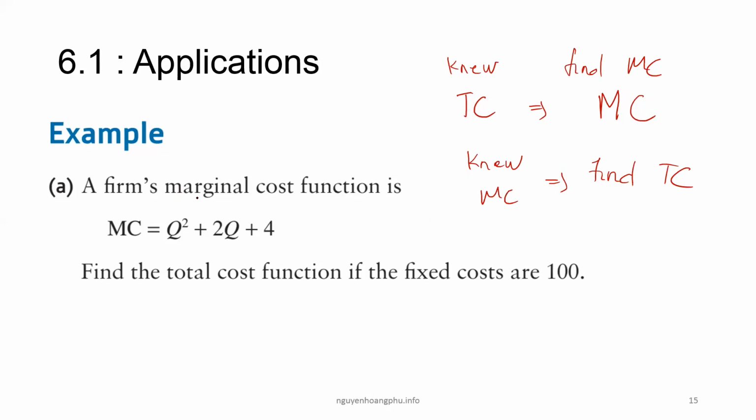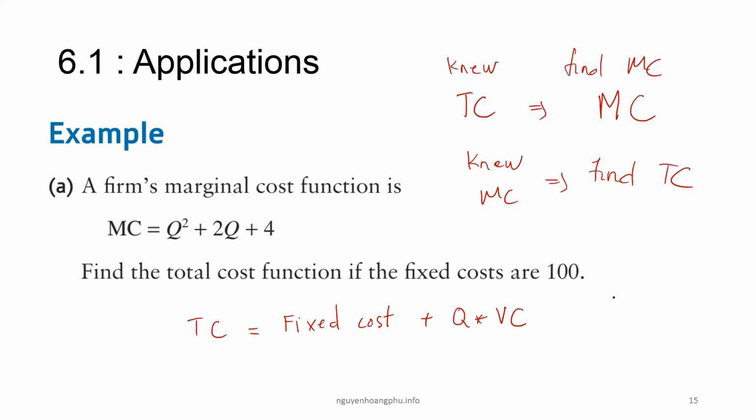Here a firm's marginal cost function is MC equal to Q squared plus 2Q plus 4. Find the total cost function if the fixed costs are 100. So we have TC equal to fixed cost plus Q multiplied with variable cost.